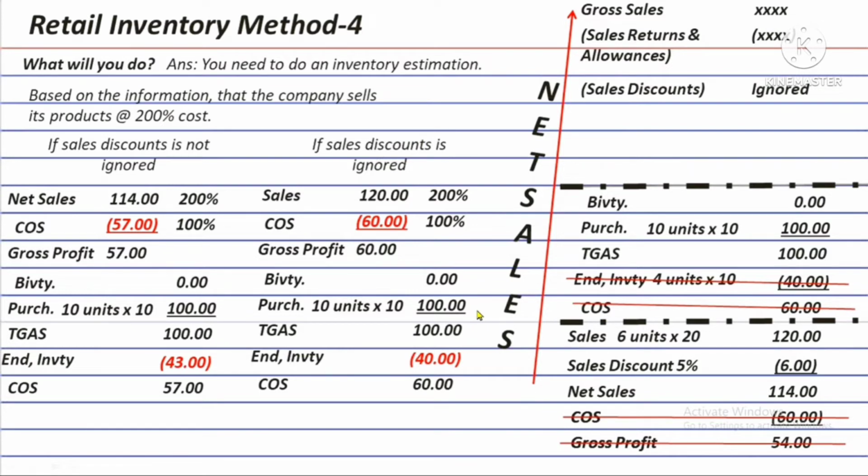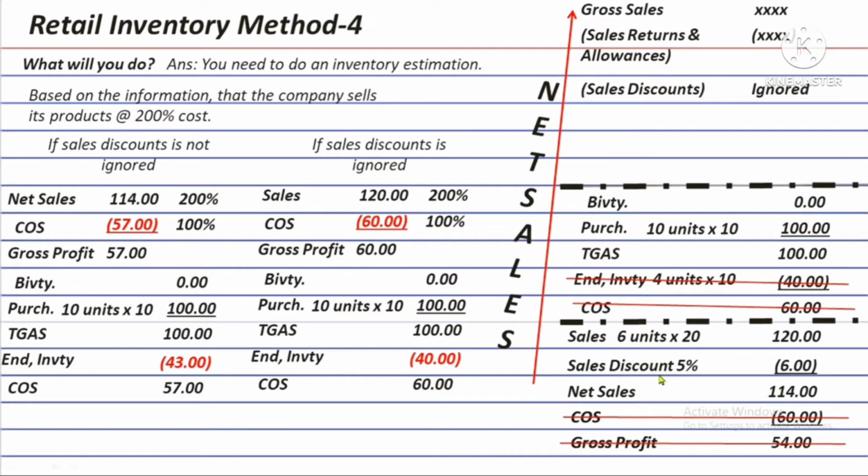So that's it. But before we end this topic, let me be clear again. Sales discounts are only ignored when doing inventory estimation. So, if you are making actual historical financial statements, please include sales discount and deduct it from the gross sales.